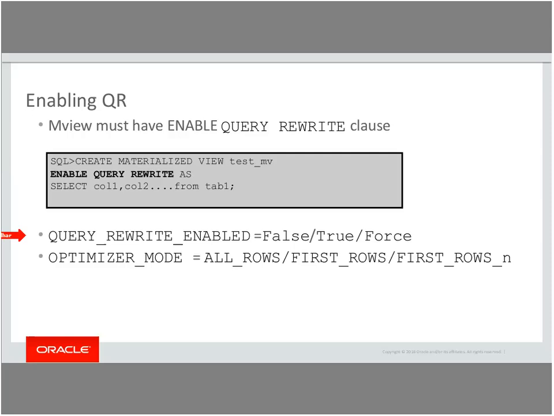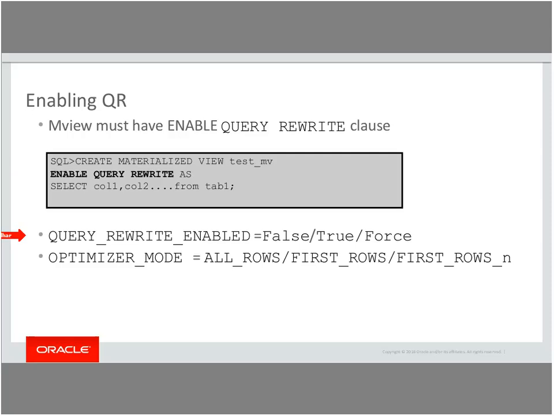Now, if the query_rewrite_enabled parameter is set to false, this option disables the query rewrite feature of the optimizer and directs the optimizer not to use query rewrite using materialized views, even when the estimated cost of the unwritten query is high.